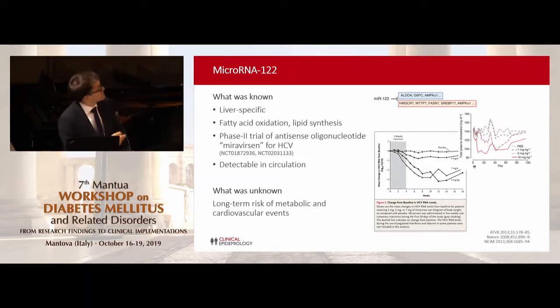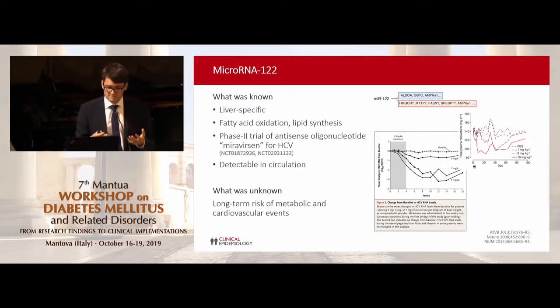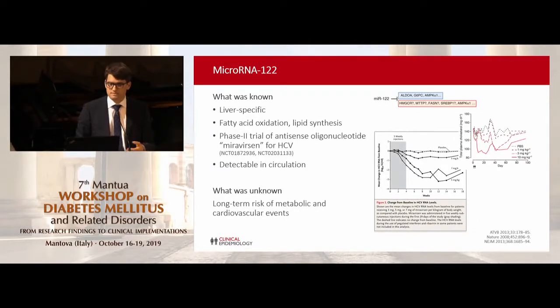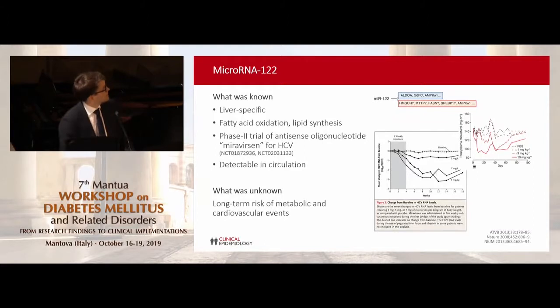We know that microRNA 122 may play some role in fatty acid oxidation and lipid synthesis, and there's also an antisense oligonucleotide, called miravirsen, that has been tested in a phase 2 randomized controlled trial in patients with hepatitis C.